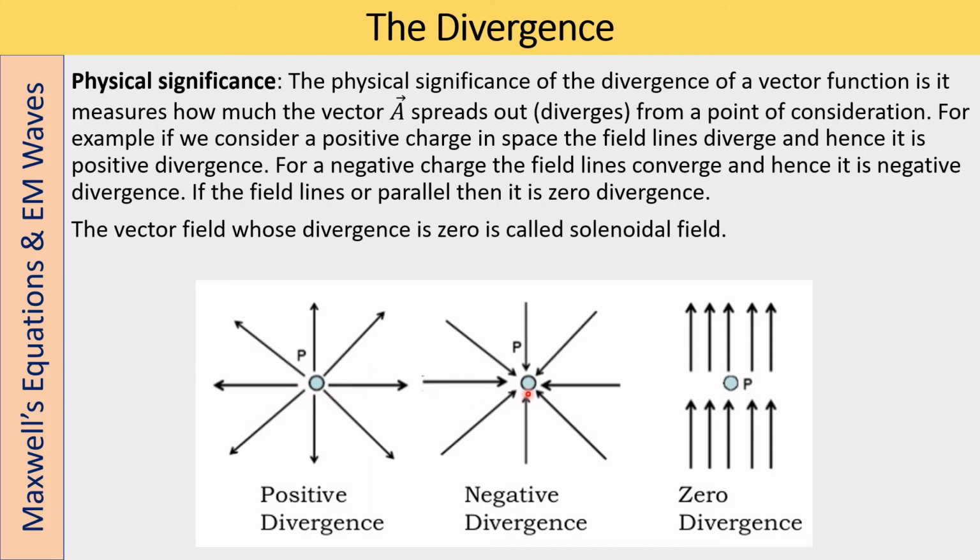For a negative charge, the field lines converge, hence it is a negative divergence. If the field is uniform, that is, parallel, then there is zero divergence. A vector field whose divergence is zero is called a solenoidal field.